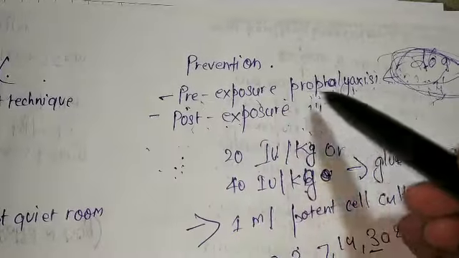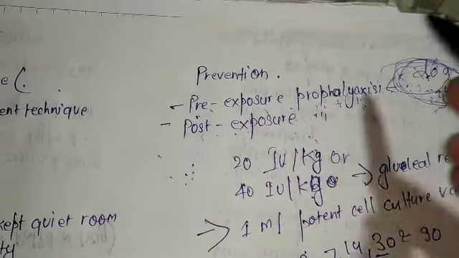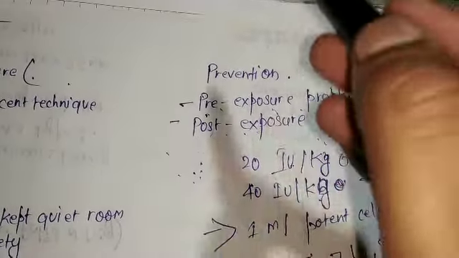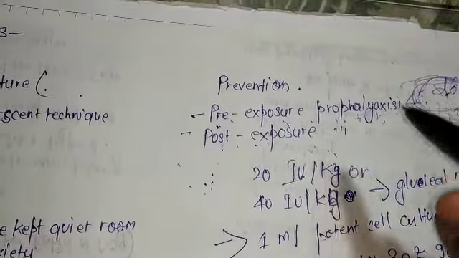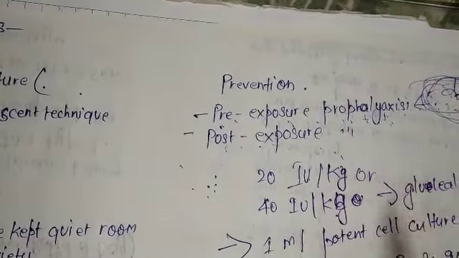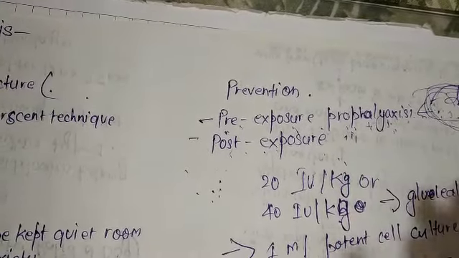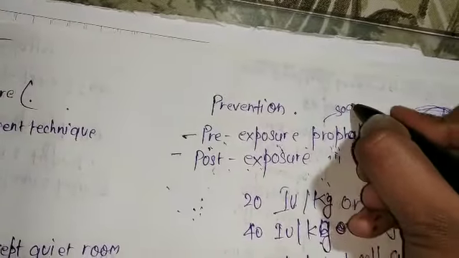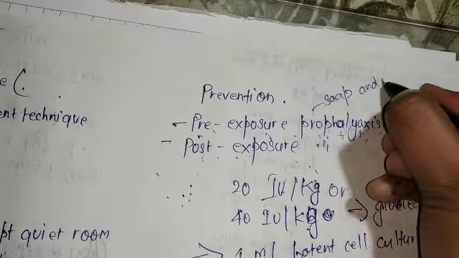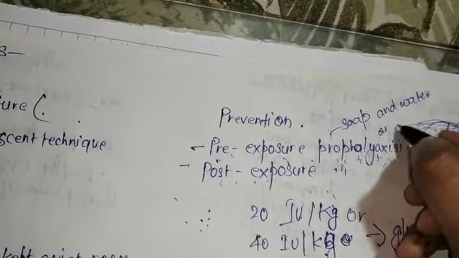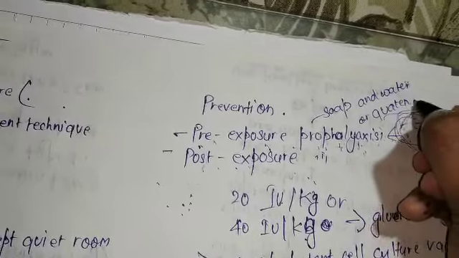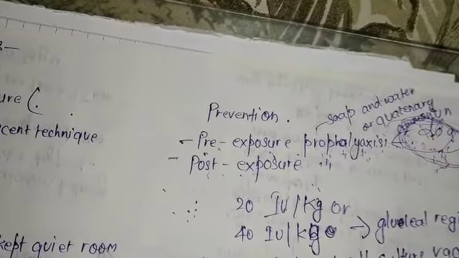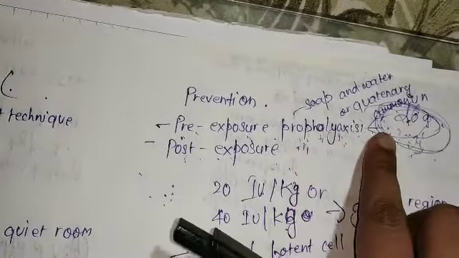In pre-exposure prophylaxis, the person who cares for the infected person should clean the bite site where the dog has bitten, with soap and water or a solution of a quaternary ammonium compound, because this compound destroys the rabies virus effectively.